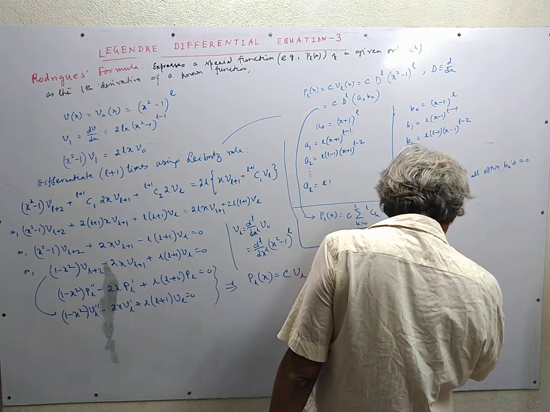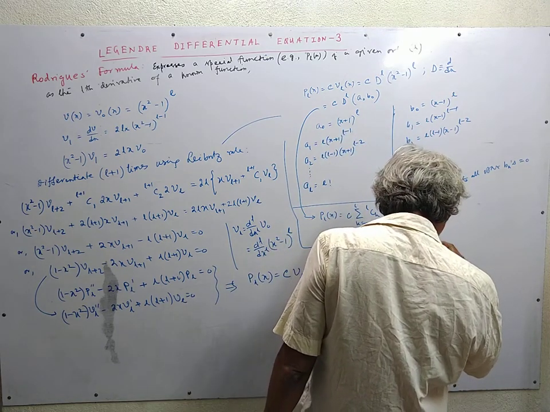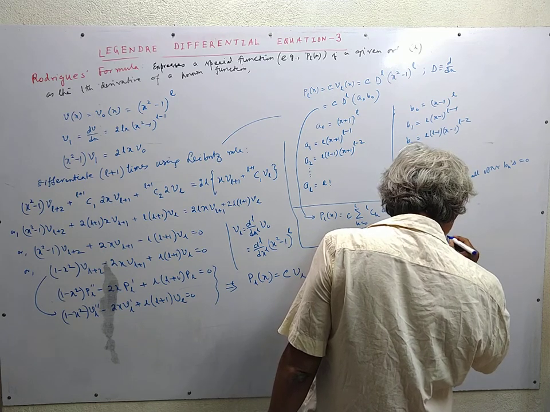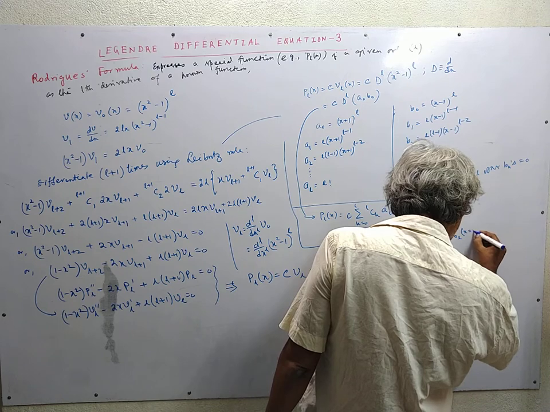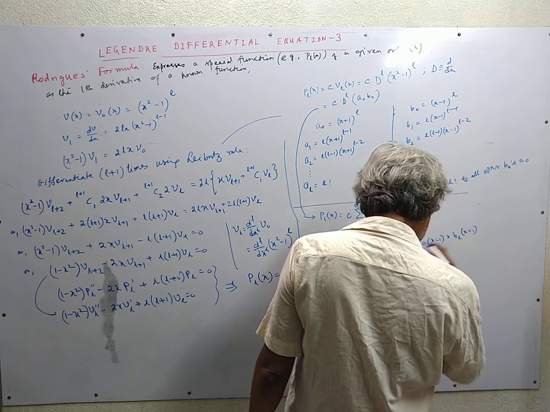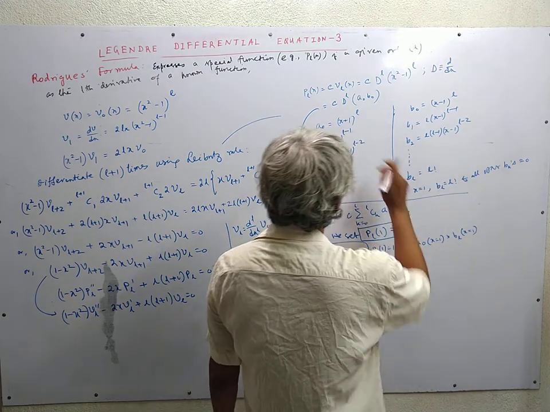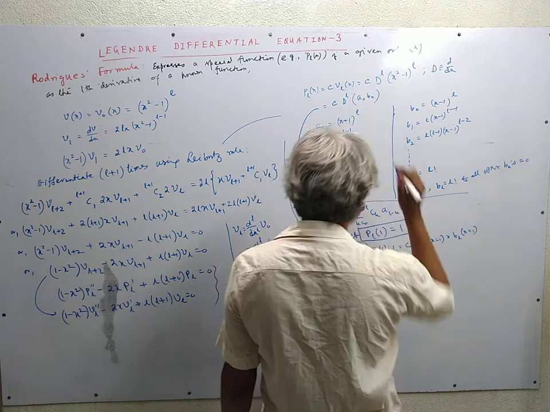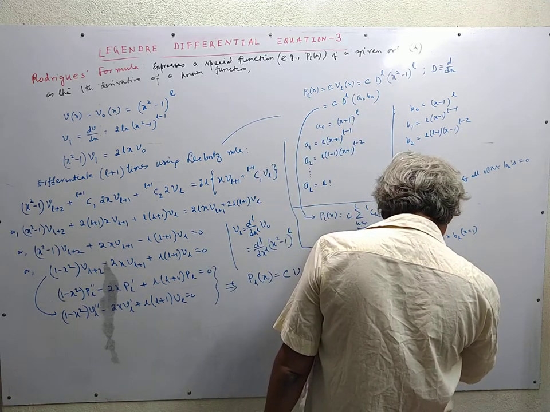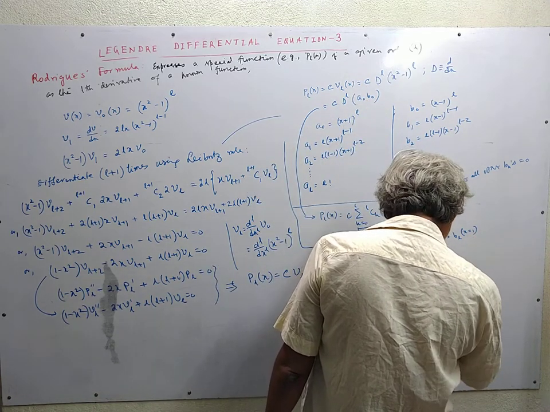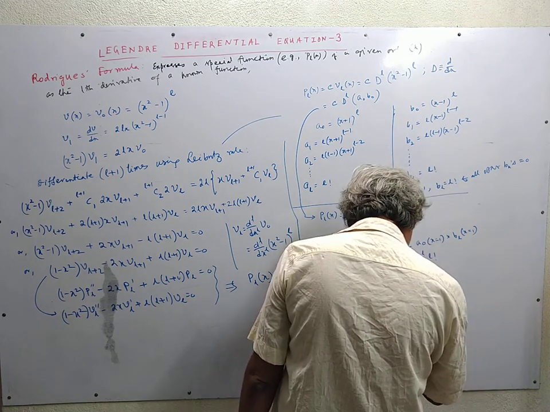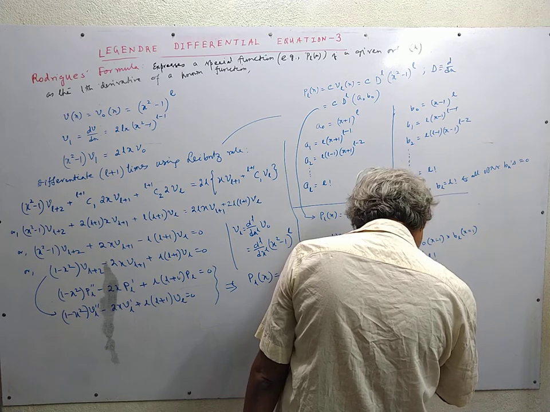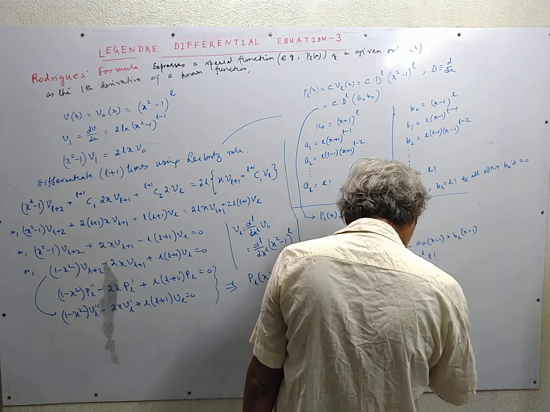So we write C times A0 at x is equal to 1 times BL at x is equal to 1. A0 at x is equal to 1 is 2 to the power L, and BL is L factorial. So we find that C is equal to 1 over 2 to the power L factorial L.